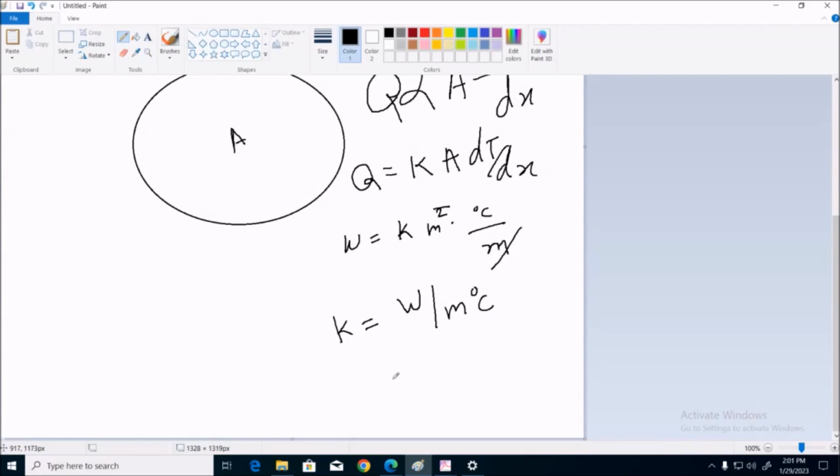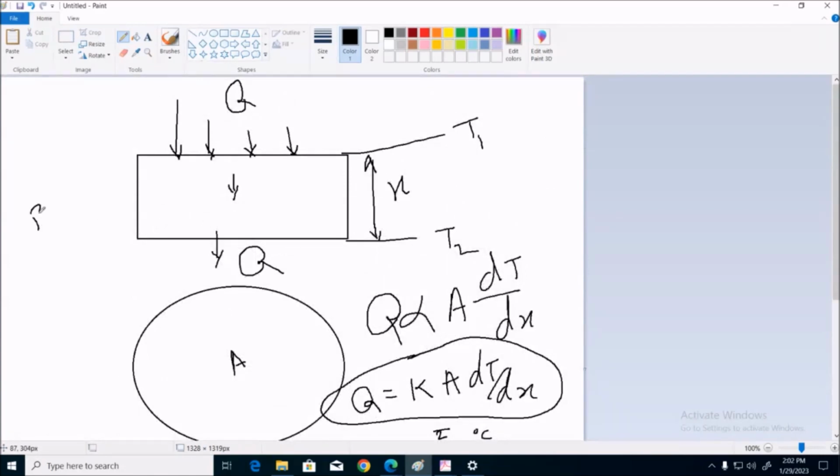This is a property of the metal and it depends on the temperature. As temperature increases, thermal conductivity increases. This formula is called Fourier's law of heat conduction, and here we need to prove that formula. To prove it, we have to take a known material. This material is brass. If you Google it, the thermal conductivity of brass is around 128 watt per meter degree Kelvin.